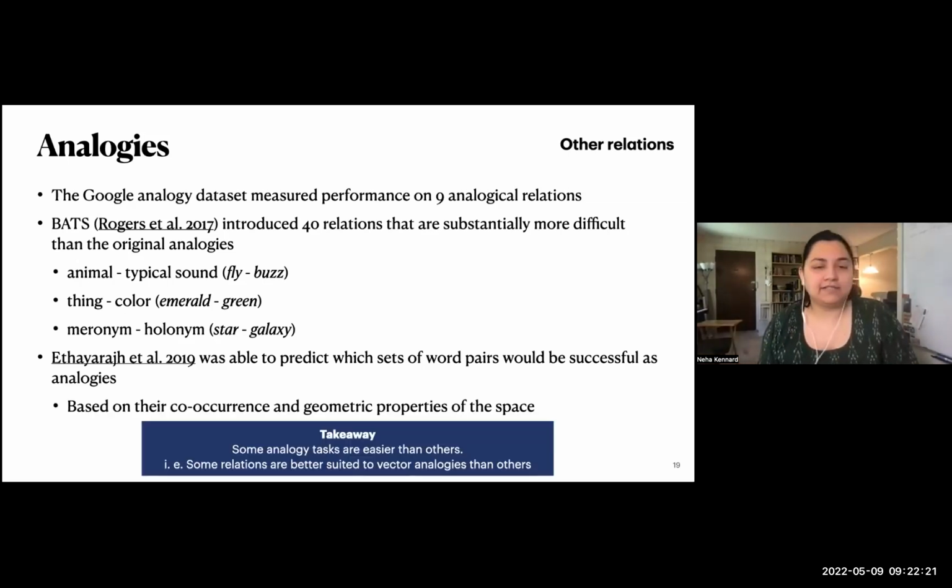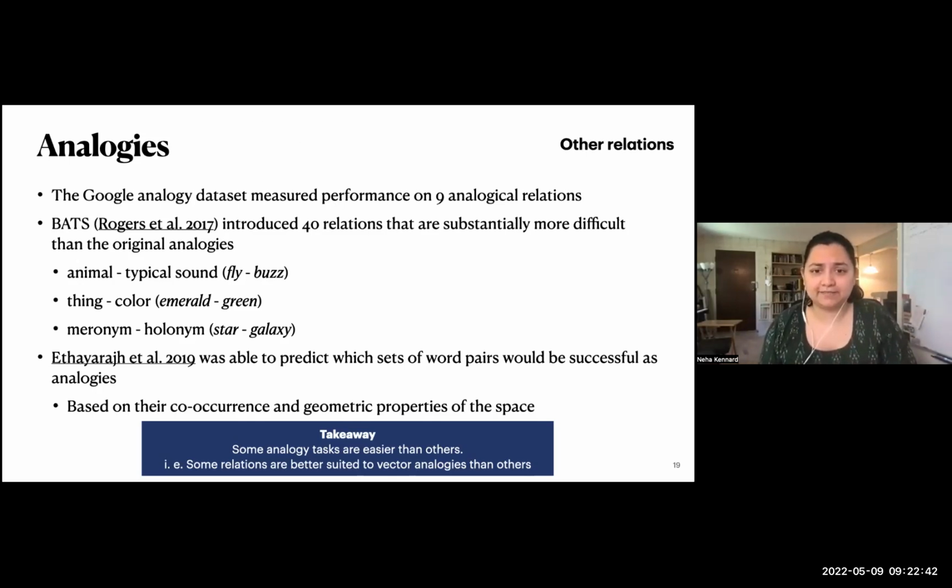So the takeaway is that some analogy tasks are easier than others, and some relations are better suited to vector analogies than others. If you have a particular social relation of interest that you want to represent as a semantic offset, it may or may not be well suited to representation by analogy, and that's something you can check.